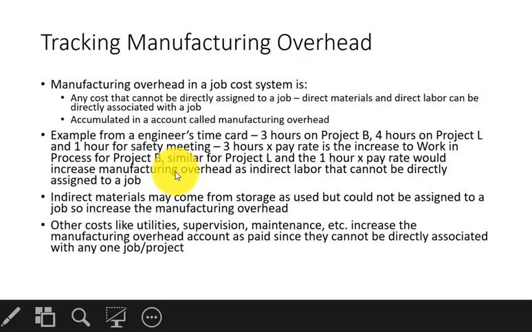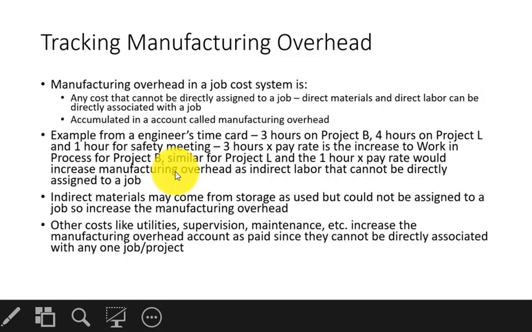Things like nails or other small items that we're not going to track, how many nails we used on a particular situation. So that also increases manufacturing overhead. That would credit the raw materials coming out of the warehouse and debit the manufacturing overhead account.